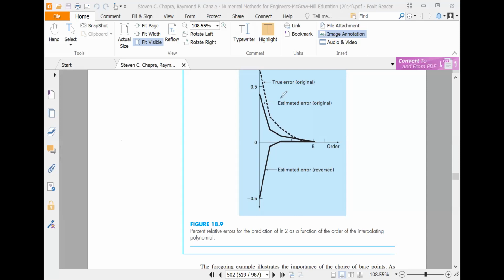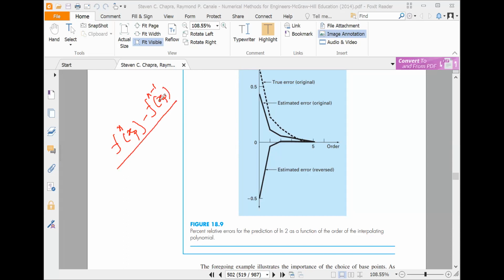Okay, a true error can be calculated by using true values. Now, if your function is not available to you, you cannot calculate the true values. So then what you do is calculate a value of your function with an nth order polynomial, say this value is x predicted, xp, then you calculate a value for the n minus 1 order polynomial, and then you will have a difference.